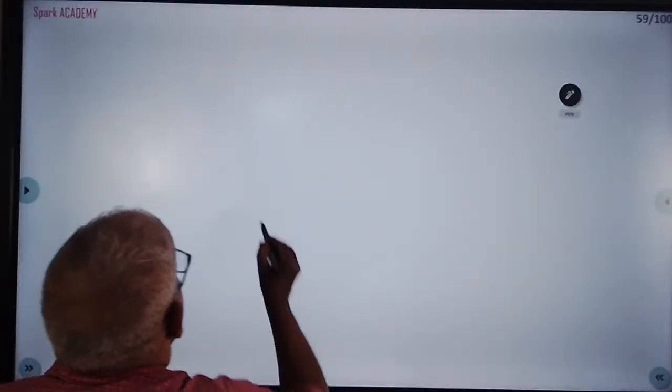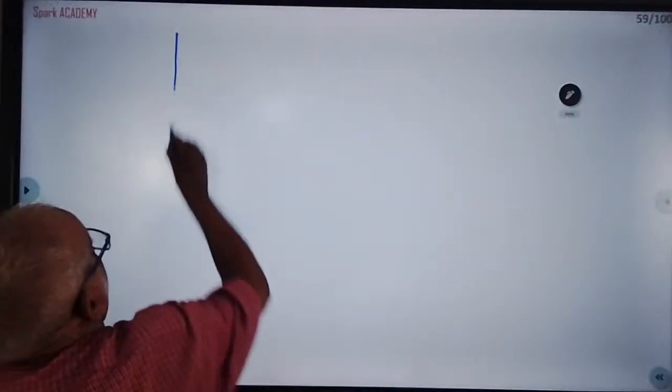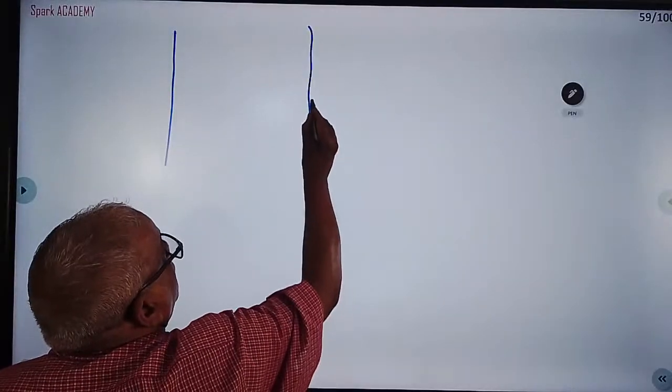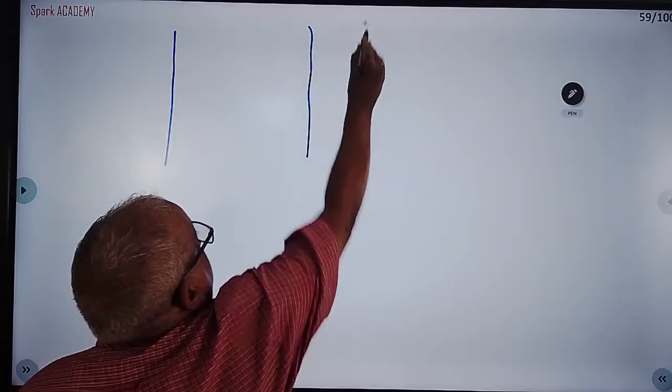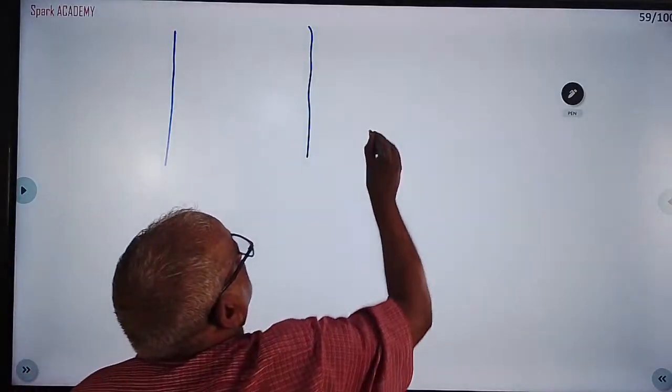Now I am doing the case when the source is moving away. This is the new position of the source, S dash.